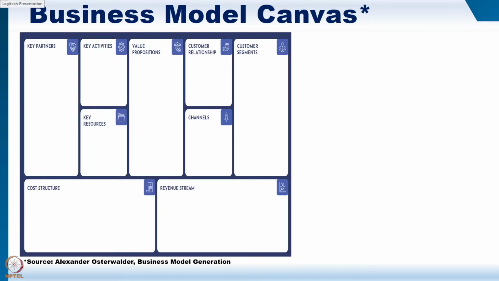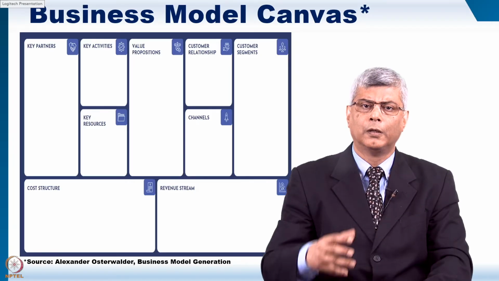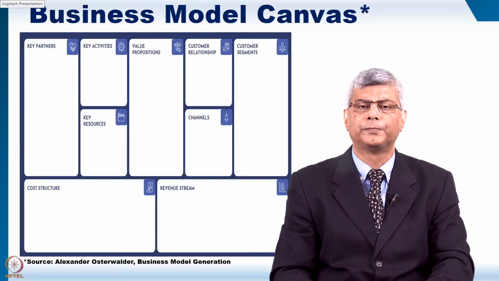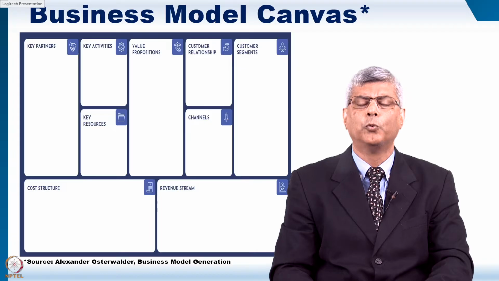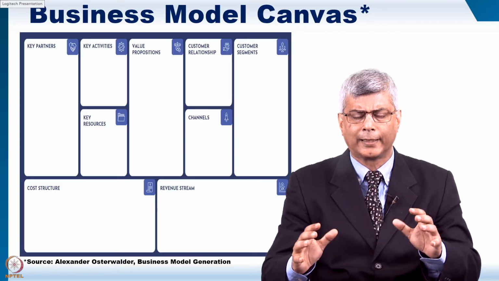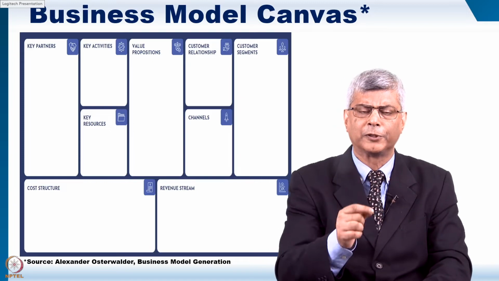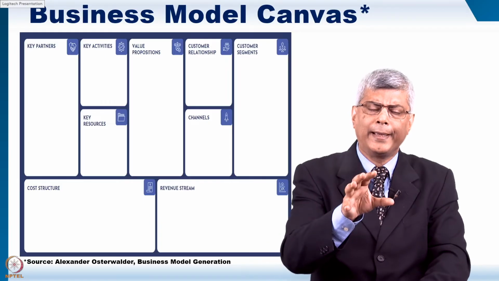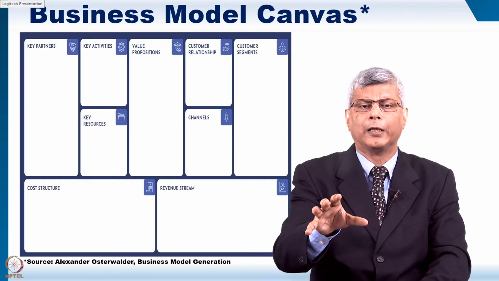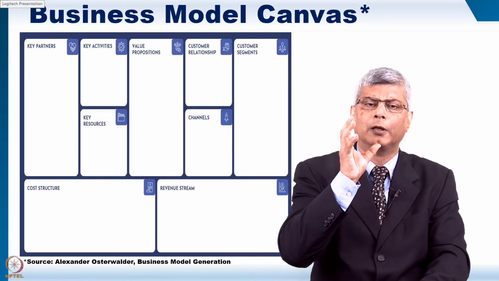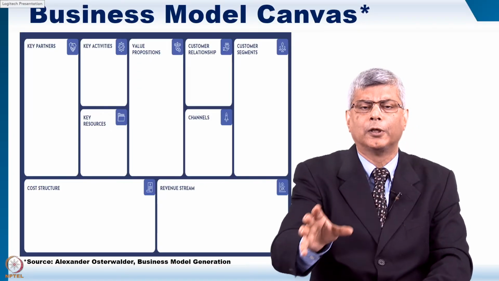So in the early stages of the business, there is a framework called the business model canvas, which was defined by a famous person called Alexander Osterwalder, whose name is there. You can look up his website. But the way this depicts the business model is, it starts with the box in the middle, which is called, what is the value proposition of the company?